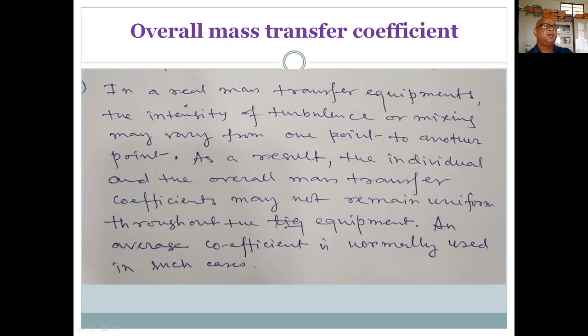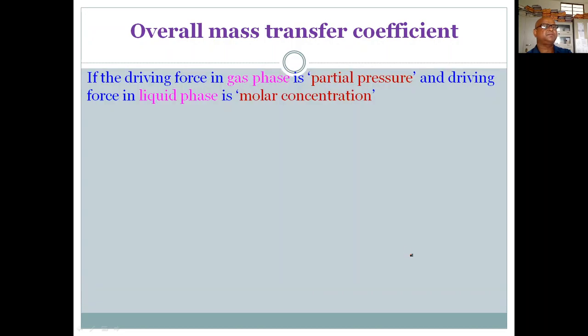In real mass transfer equipment, the intensity of turbulence or mixing may vary from one point to another. As a result, the individual and overall mass transfer coefficients may not remain uniform throughout the equipment, so an average coefficient is normally used in such cases.